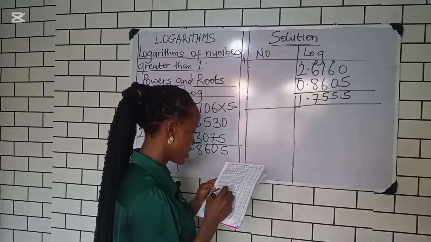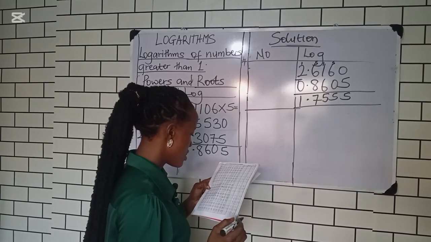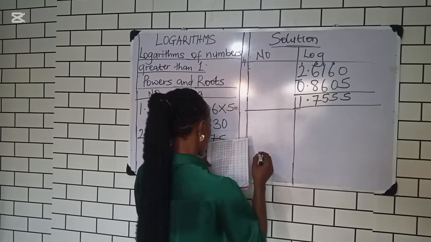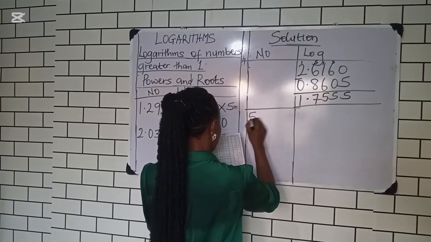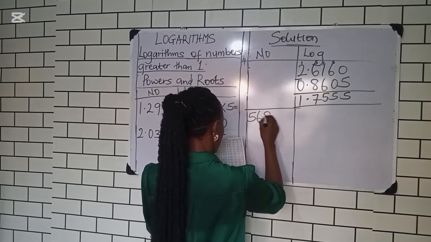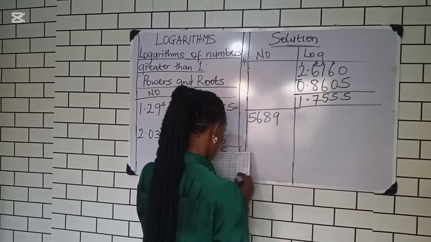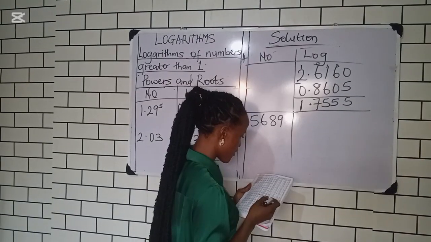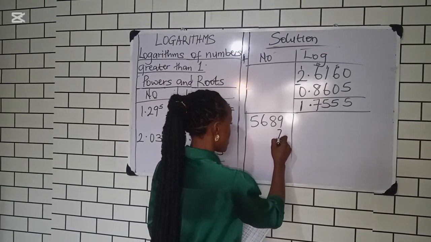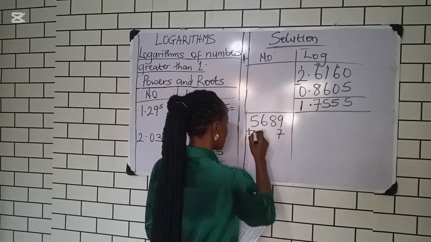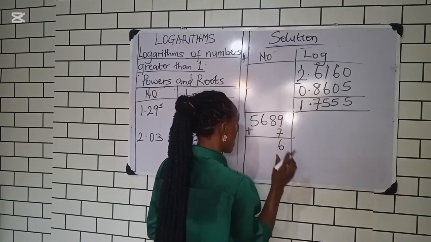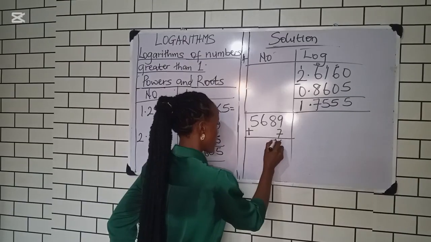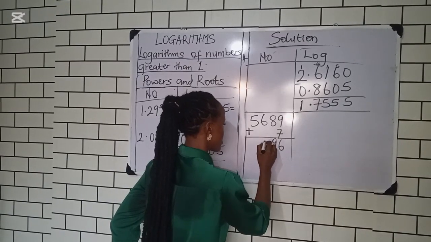We have 5689. Difference of 5. The difference of 5 here is 7. You add your 7. Write your addition sign. 9 plus 7 here will give us 16. Write 6. Carry 1. Add the 1 to 8. You have your 9. Bring down your 6.